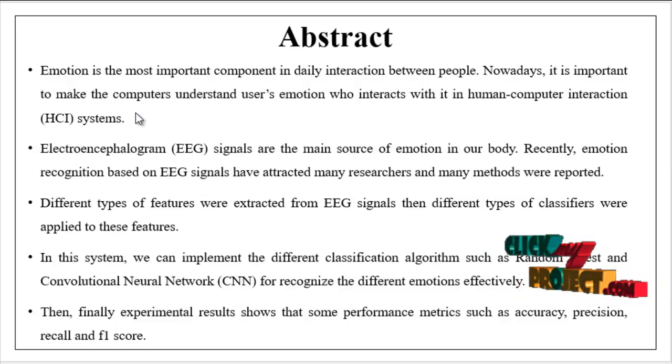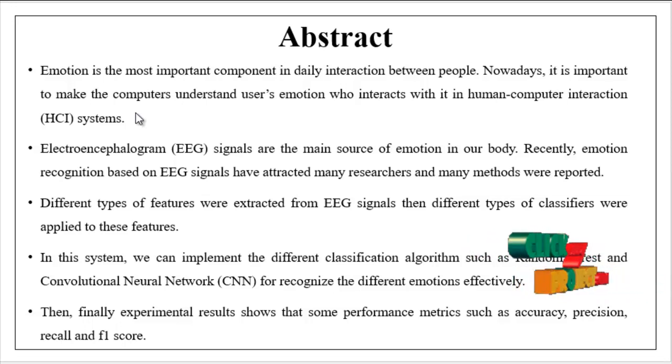Recently, emotion recognition based on EEG signals has attracted many researchers and many methods were reported. Different types of features were extracted from EEG signals. Then different types of classifiers were applied to these features.